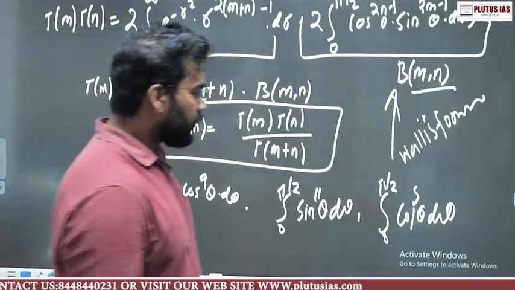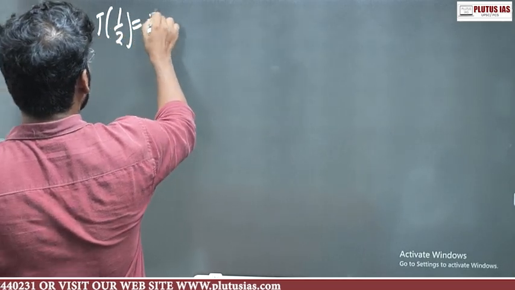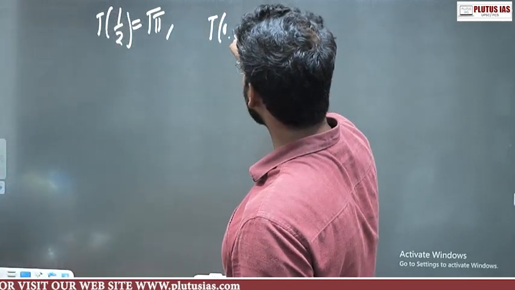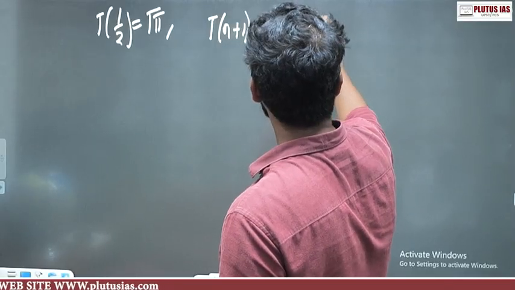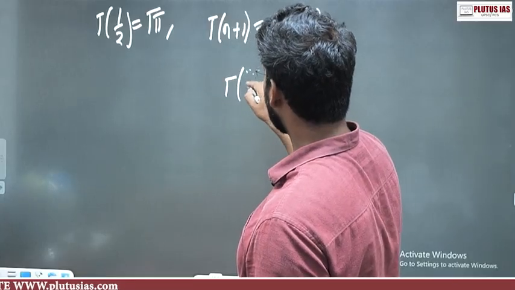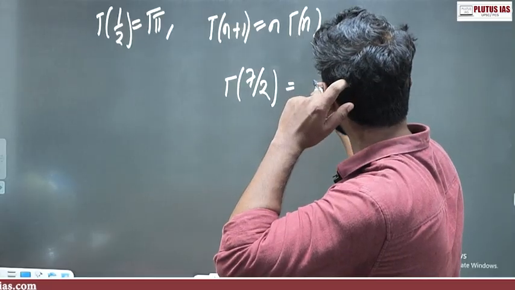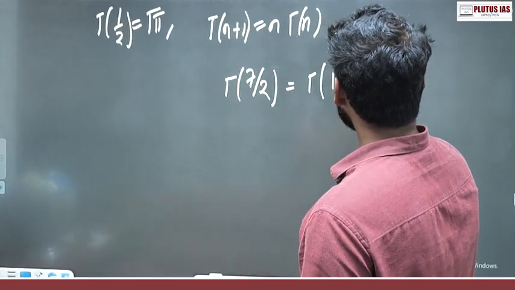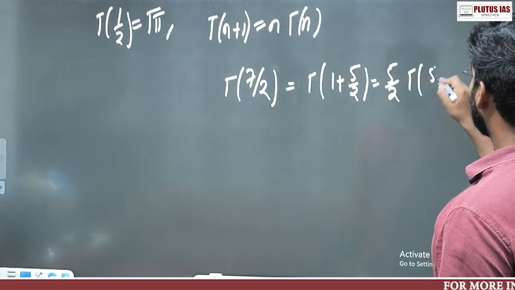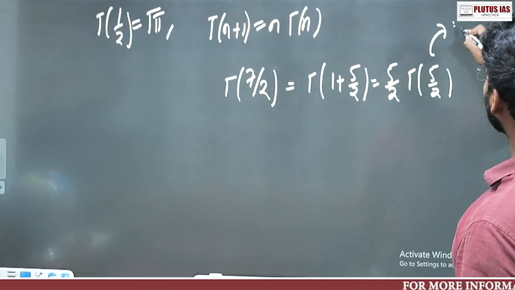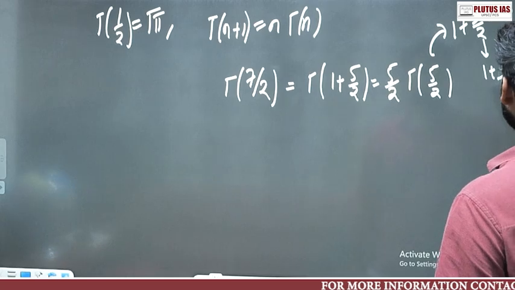Okay, also remember that gamma half is root pi and gamma n plus 1 is n times gamma n. So if you have gamma 7 by 2, it will become gamma 1 plus 5 by 2, so 5 by 2 will come out, right? It will change into 1 plus 3 by 2 and then 3 by 2 into 1 plus half.